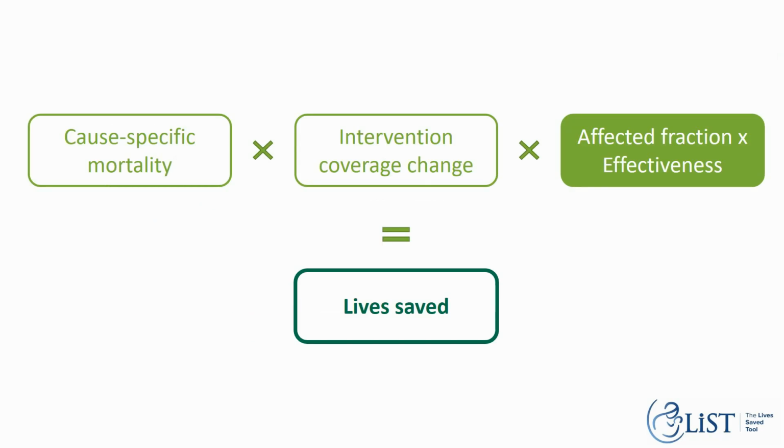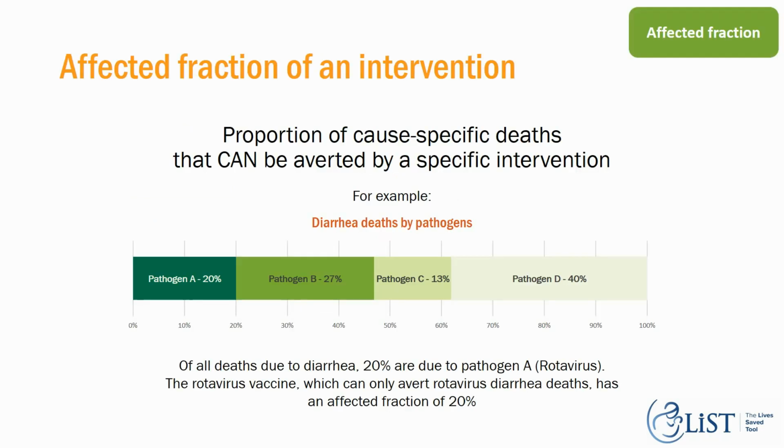Finally, the last step in our equation is the affected fraction times the effectiveness. So we'll start with the affected fraction. Here down in our graph, we have a visualization of 100% of diarrhea deaths. So this only looks at the total number of diarrhea deaths. And within that, you can have different things that lead to diarrhea deaths.